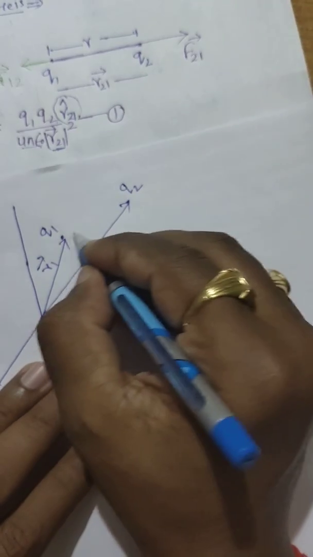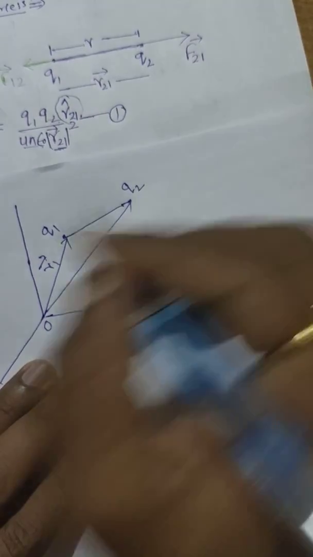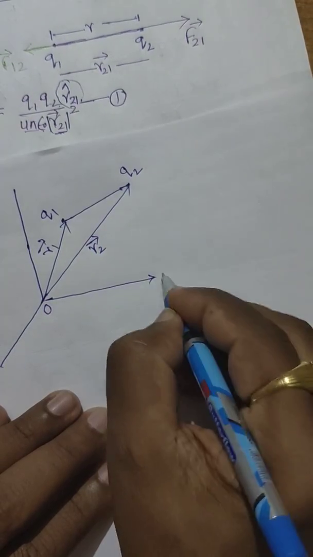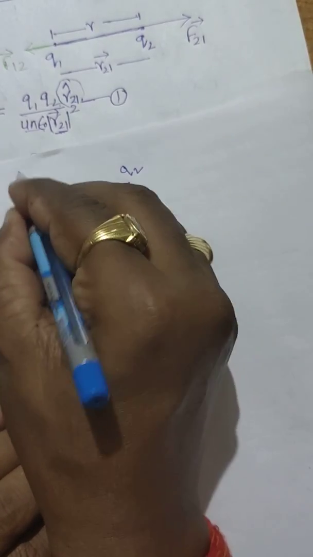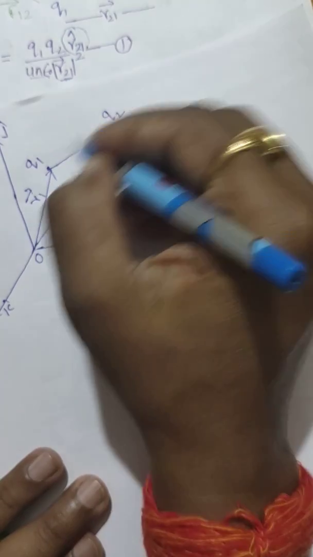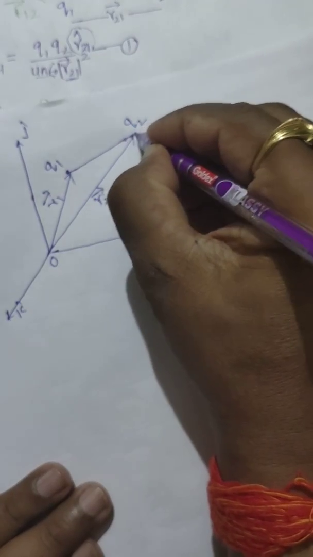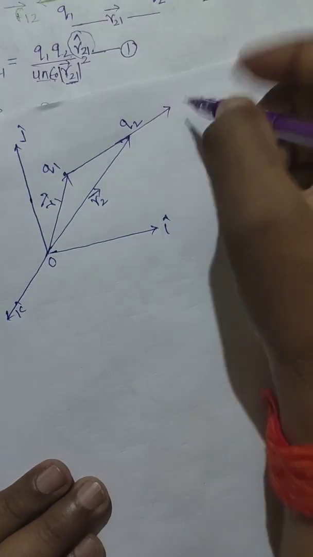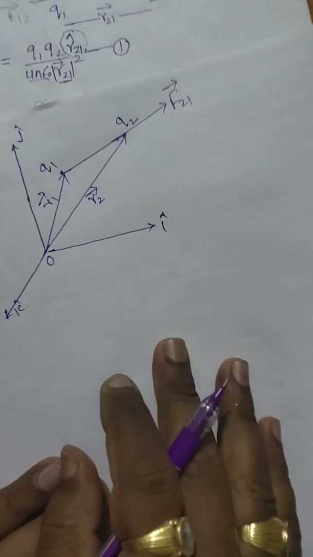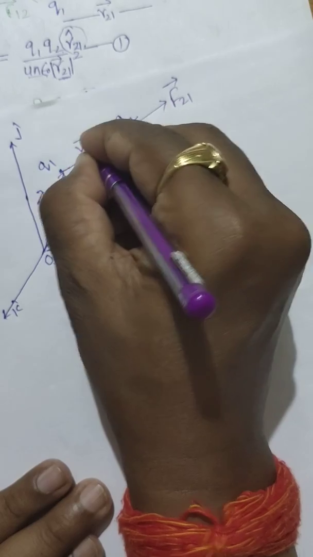The separation between them is R. The position vector of this charge is R2, with I cap, J cap, K cap. It is a Cartesian system. The force applied on 2 by 1 is denoted by F21. Now the distance is R2 minus R1.